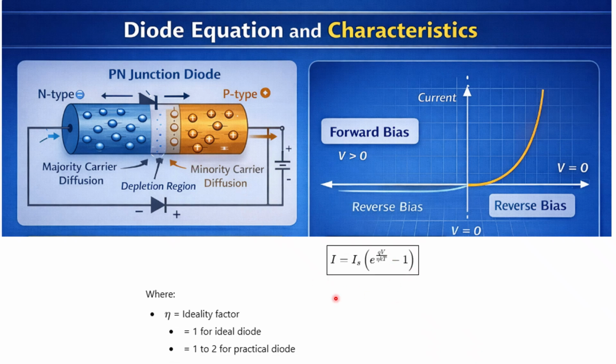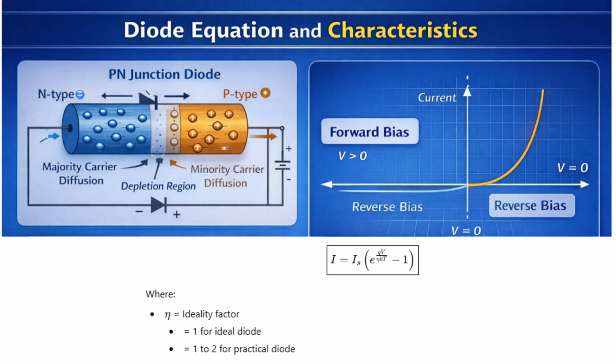You can find it using this equation, I is equal to Is, the saturation current, times the exponential function of q V divided by eta Vt, minus 1. You can also write exp(V / eta Vt) minus 1. Here eta is 1 for a normal germanium diode, and it may be 2 depending on the case, also for practical diodes.